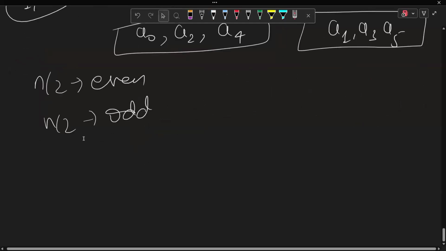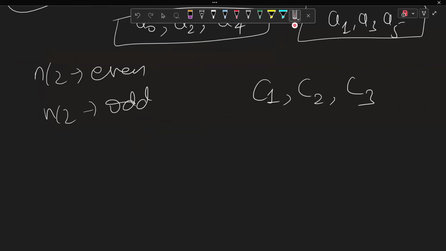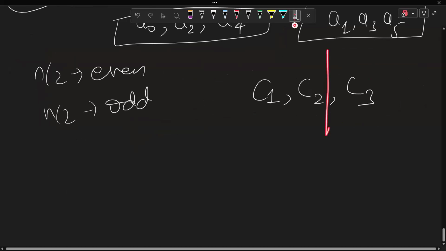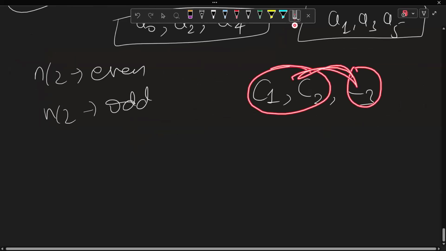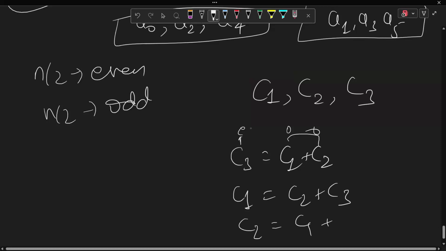So basically, you have these three. C1 is the count of ones, C2 is the count of twos, C3 is the count of threes. They should be divided in two parts such that the sum of one part and the sum of the other part are equal. So either you can have C3 equal to C1 plus C2, then you put these two in odd and this in even, or maybe you can have C1 equal to C2 plus C3, or C2 equal to C1 plus C3.